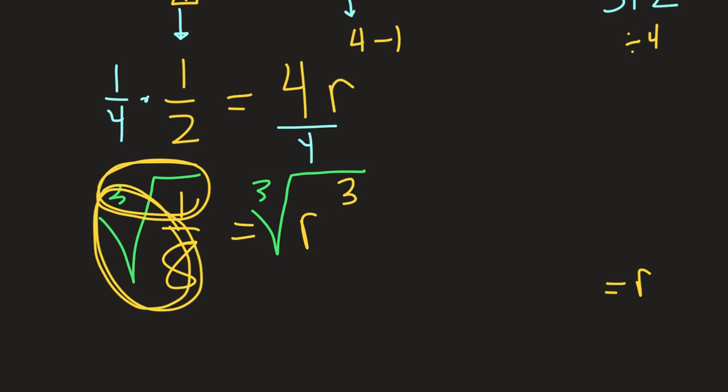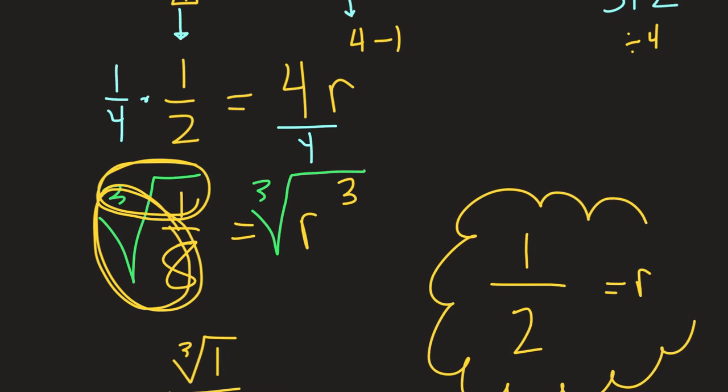What numbers multiply by themselves 3 times to give you 1? Well, that's always going to be 1. And what multiplies itself 3 times to give you 8? That's 2. 2 times 2 times 2 is 8. So both of these are perfect cubes, so I get a ratio of 1/2.